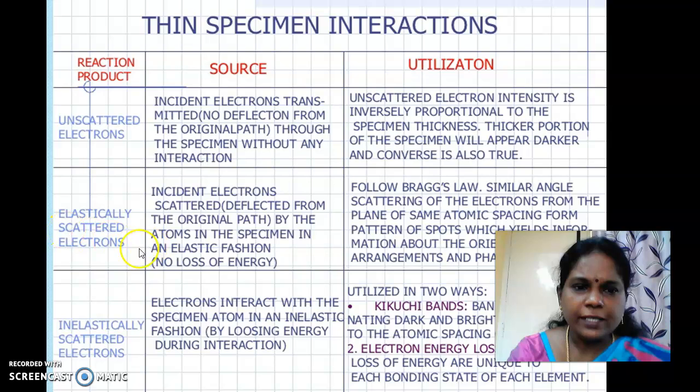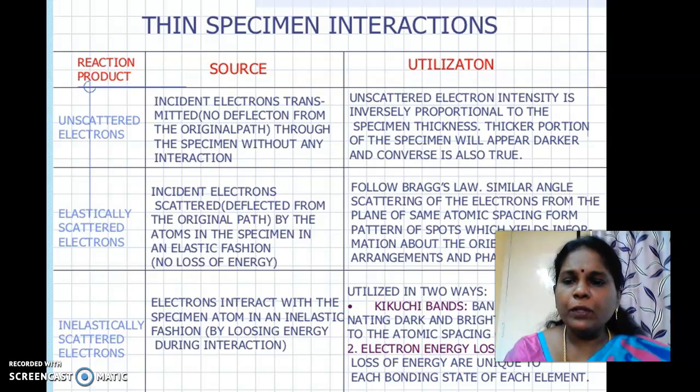Now elastically scattered electrons. As the incident electron interacts with the atoms in the specimen, it gets scattered in an elastic fashion, that is, there is no loss of energy.